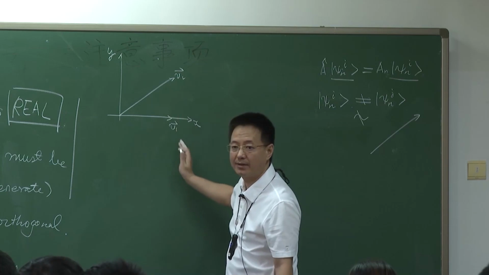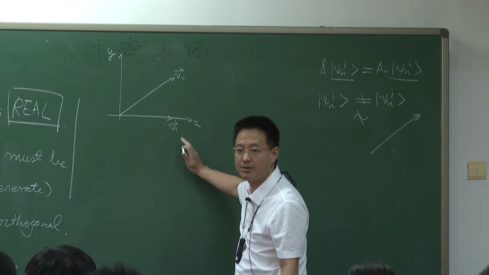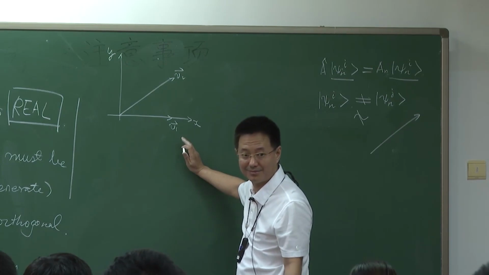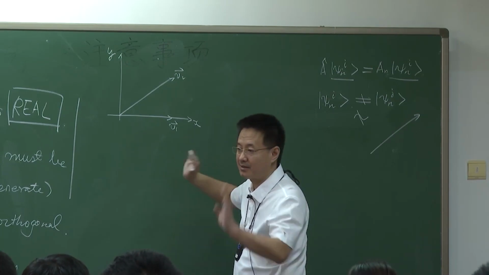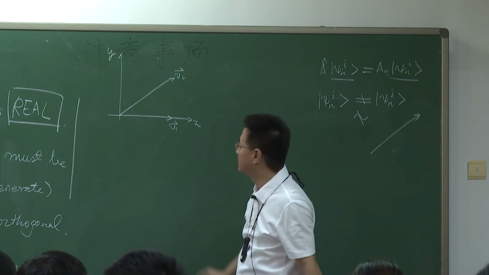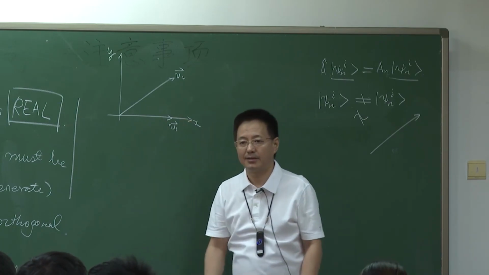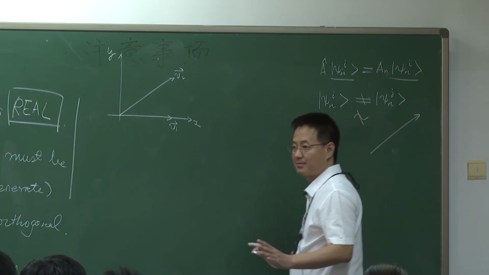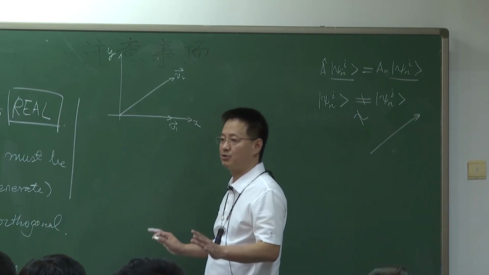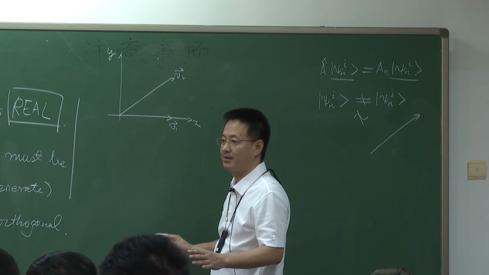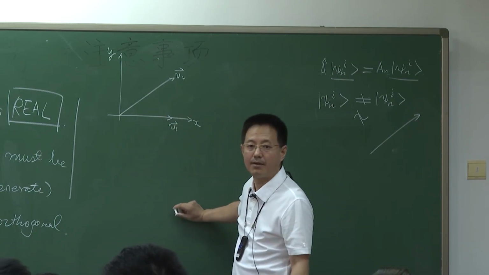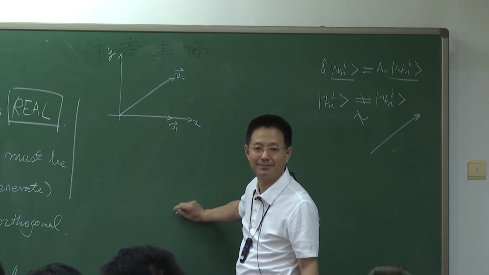Linearly independent vectors are not necessarily orthogonal or perpendicular to each other, right? You just require that they are linearly independent. That's enough. That means they are not necessarily perpendicular to each other. You just require that they are not in the same direction. That's enough. Okay, got my point?